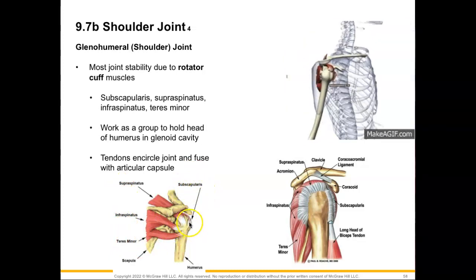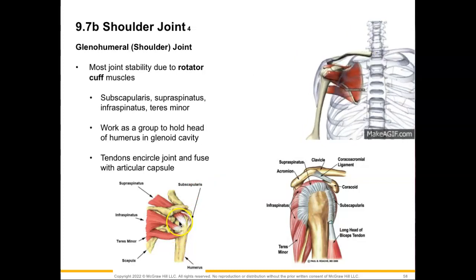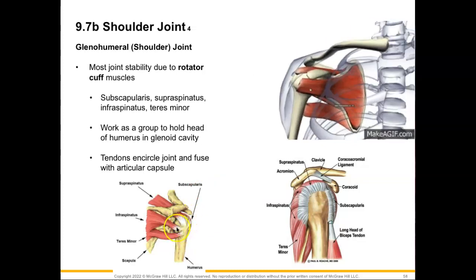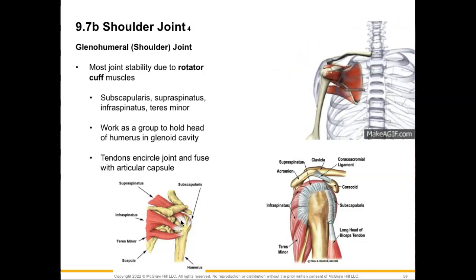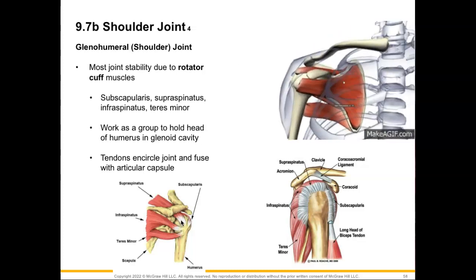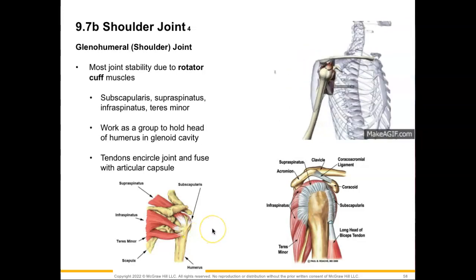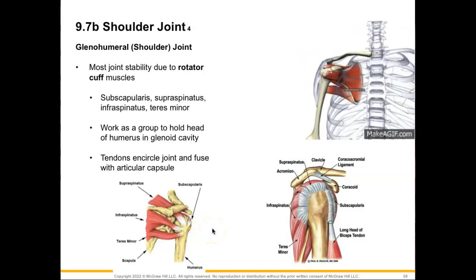So what they're doing is they're kind of inserting all around this humerus at the proximal end so that we can hold the head of the humerus into the glenoid cavity. So it is going to fuse along with the articular capsule as it provides the stability.